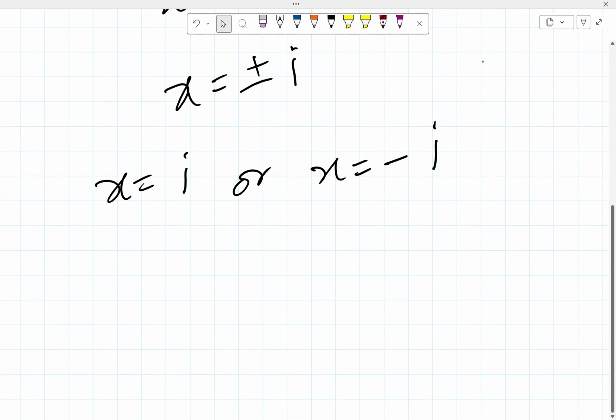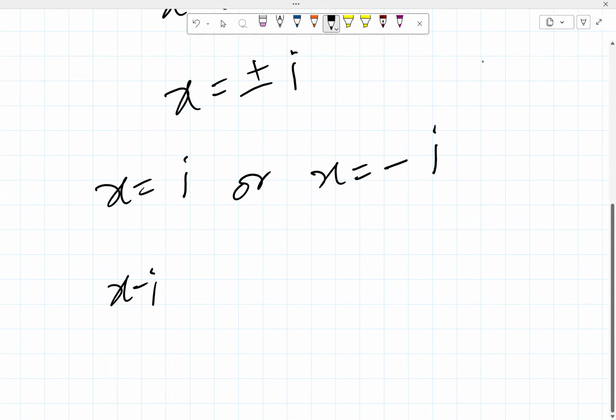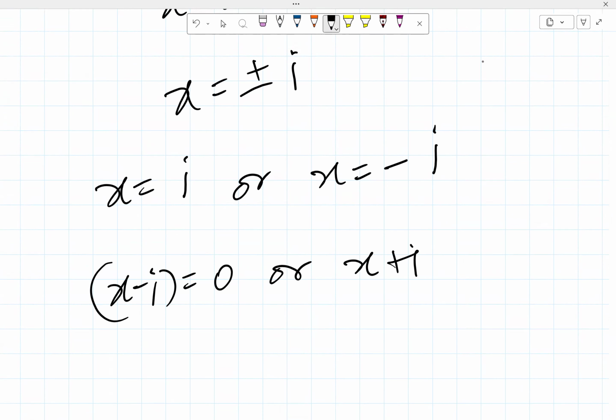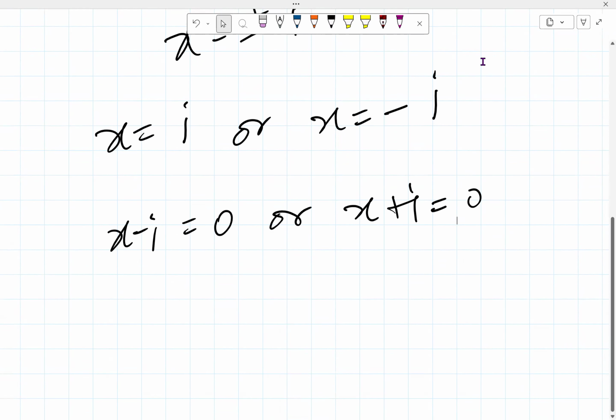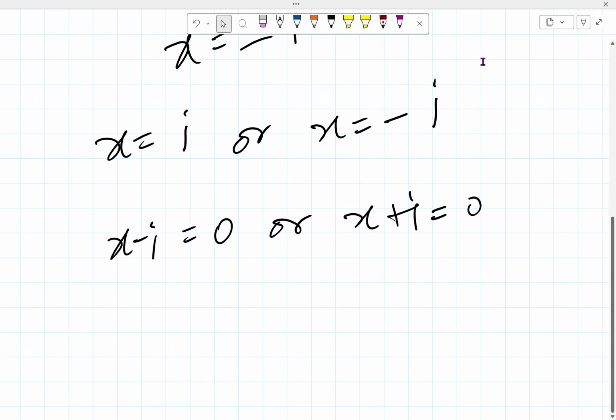So if this is true, it means that x minus i is equal to 0, or x plus i is equal to 0. Following the zero product property, if a polynomial expression is equal to 0, the product of its factors is equal to 0, which means at least one of the factors will be 0.